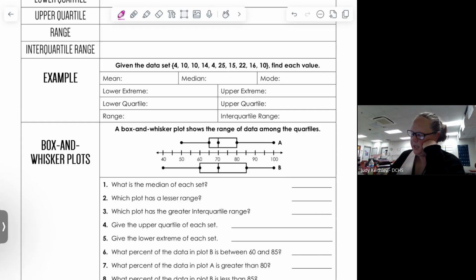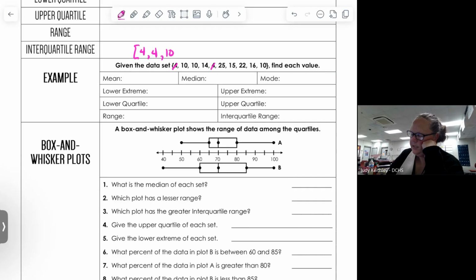So the first thing I want to do is start here with our data and find the smallest number, and 4 is my smallest number. I've used this 4, but I have another 4. Now 5, 6, 7, 8, 9, 10.